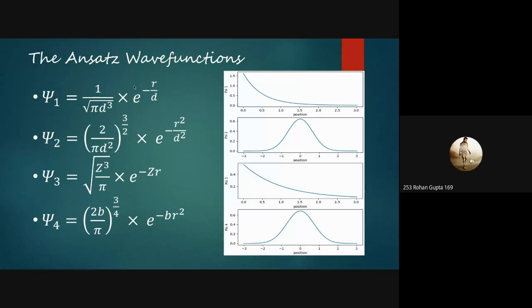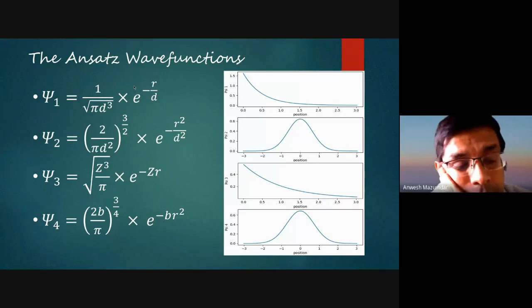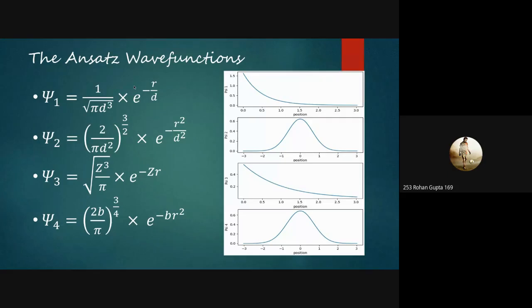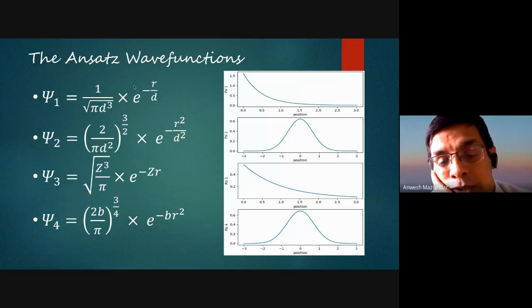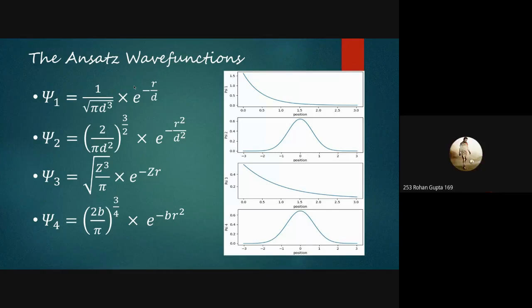What sir is saying is that Psi1 and Psi3 have only a normalization difference. If you have normalized the wave function properly, which you should have done anyway, then there is no difference. It is just a rewriting.